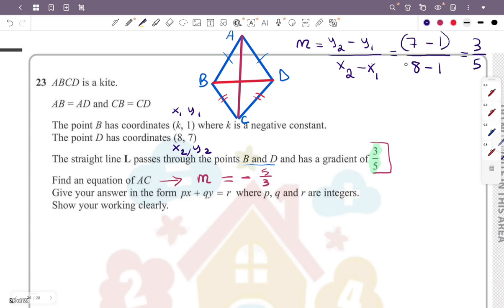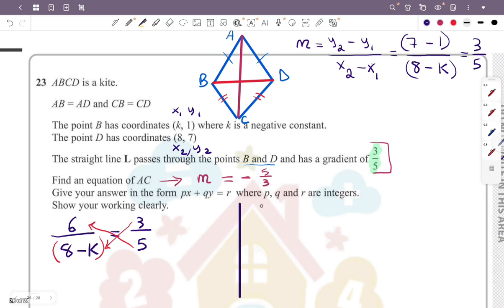Taking 1 from 7 gives 6 over 8 minus k equals 3 over 5. So we cross-multiply: 3 times (8 minus k) equals 6 times 5.